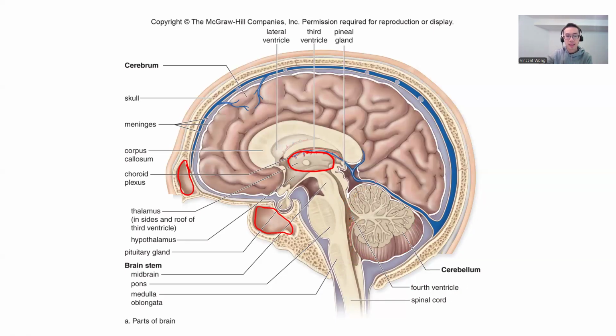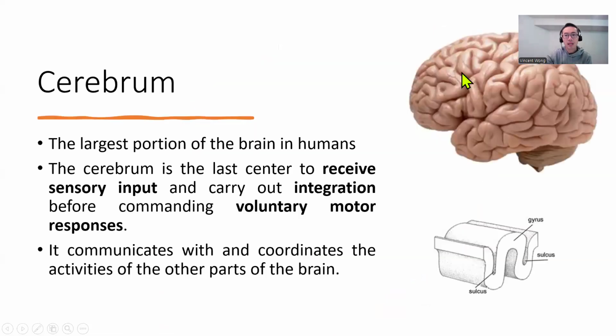So again, study the diagram yourself. Google up more pictures. The more diagrams you look at, the easier it is for you to remember the names of all these things.